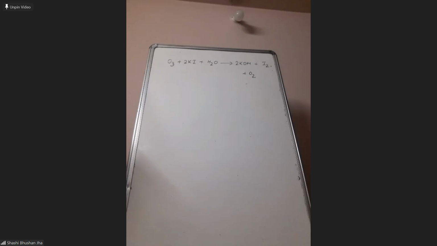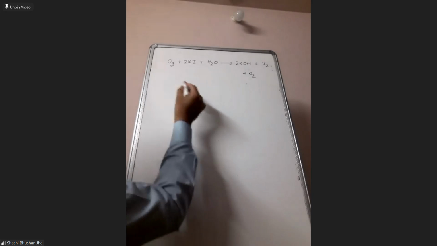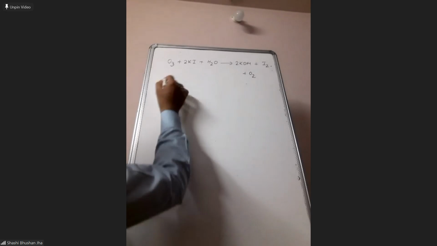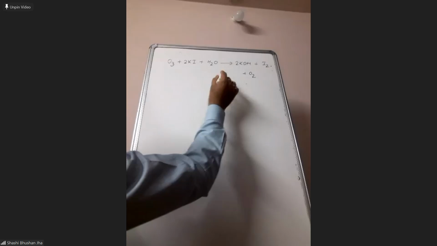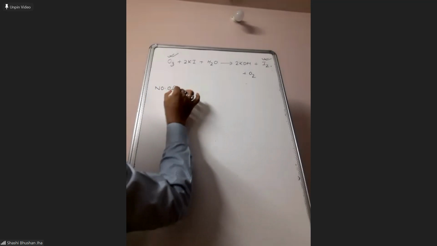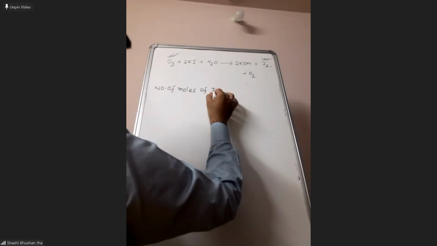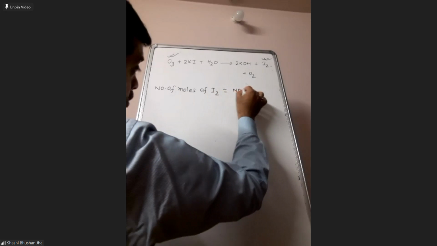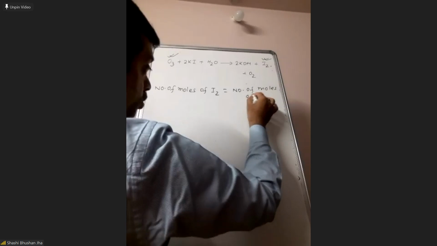This is the reaction. This is the balanced equation, so 1 mole of ozone will give 1 mole of iodine. So the number of moles of iodine should be equal to the number of moles of ozone.